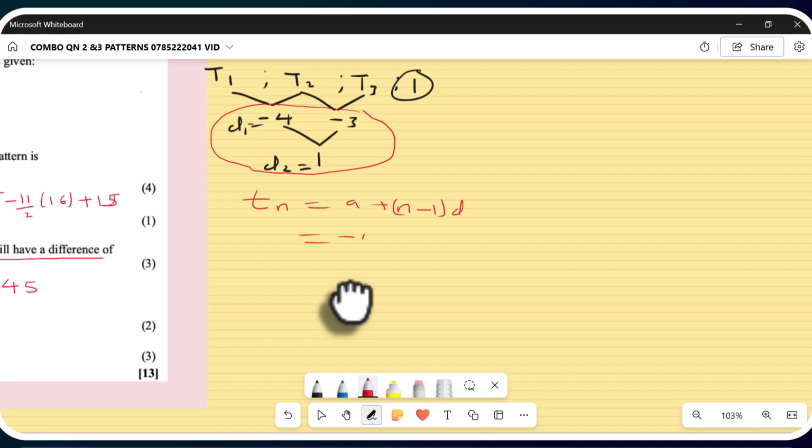That's my small tn. Now note that the Tn for the quadratic, the capital N, together with this tn for the first differences, there is a relationship.